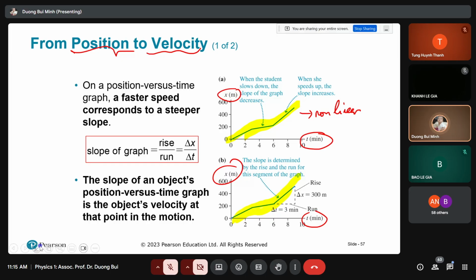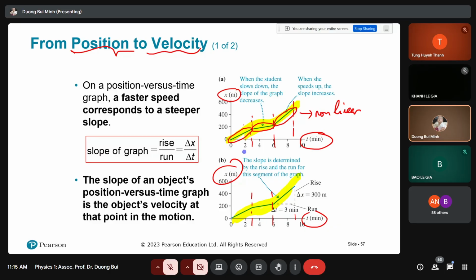But if I divide the curve here into three regions, this one, this one, this one, they become linear.